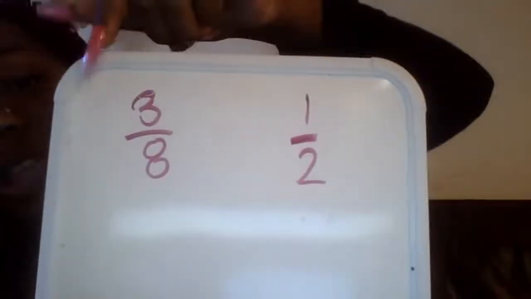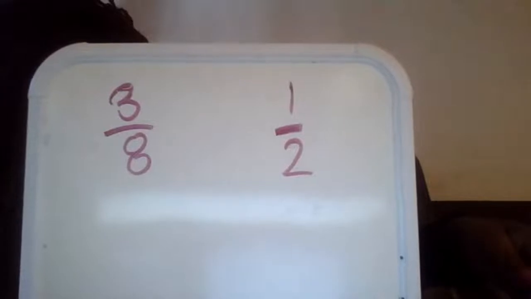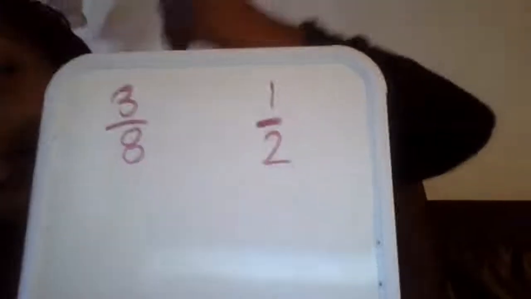Now, even though 3/8 has bigger numbers than 1/2, the 1/2 is larger. And let me show you why. I'm going to create a model. So whenever you're working with fractions and they're asking you which one is larger and you can't really tell just by looking at it, you should create a model.